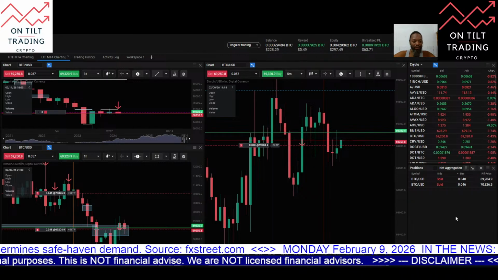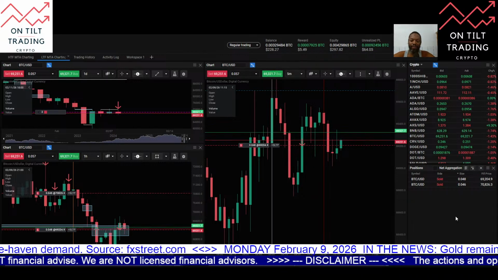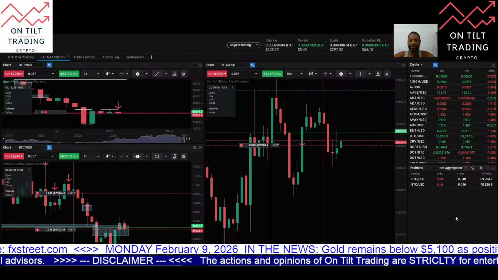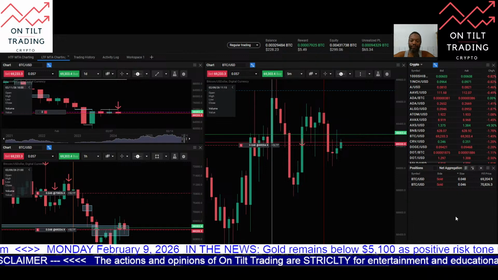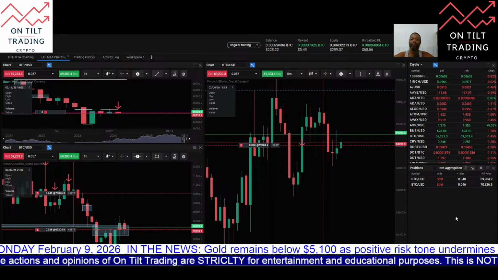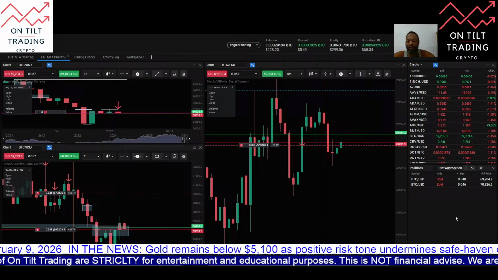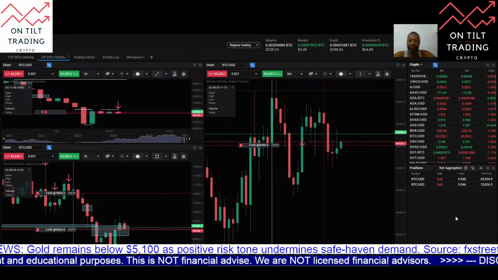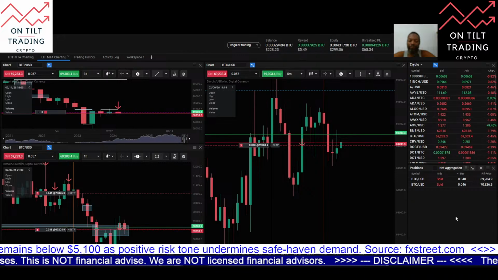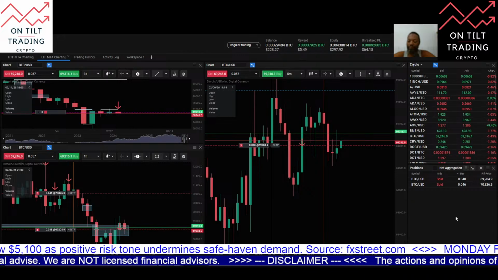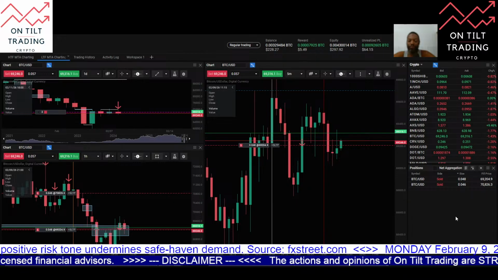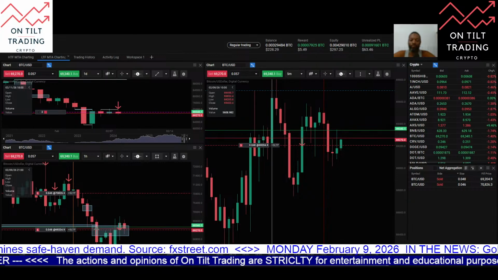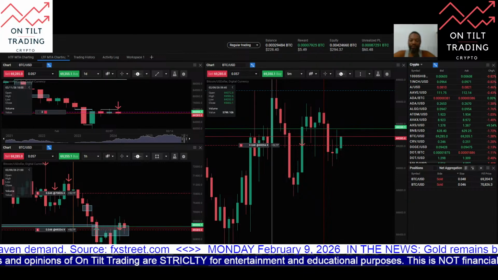And we'll see if this candle wants to respect the fair value gap here. Price testing the fair value gap.